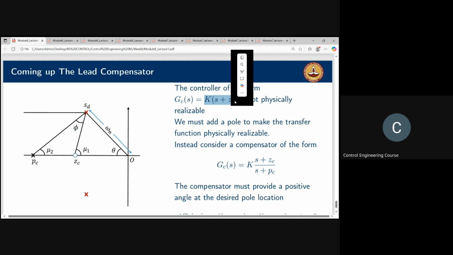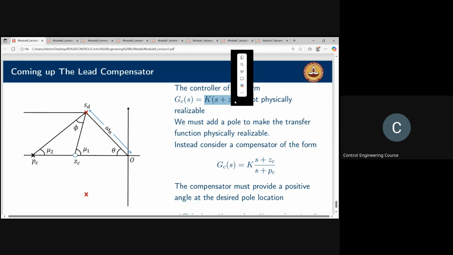Every physical system, when you give fast enough input, will give up. There cannot be a perfect high pass filter in theory. In practice, every system will give up after some frequency. That frequency may be really, really high, but it does give up.